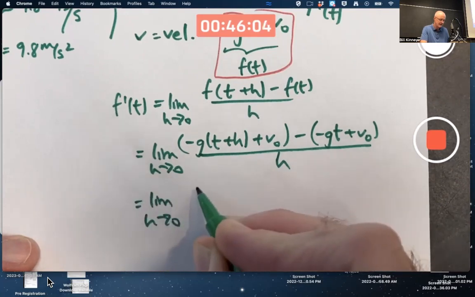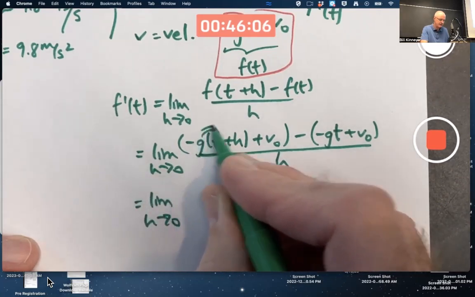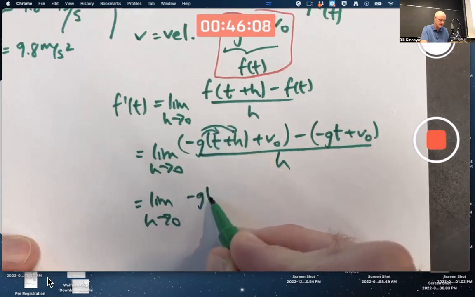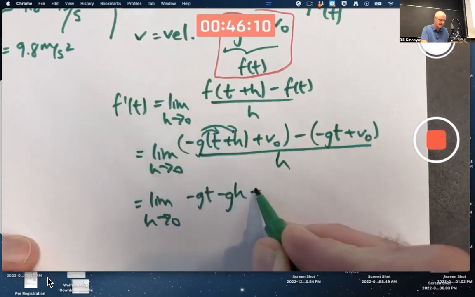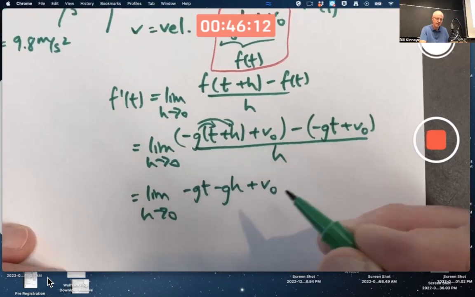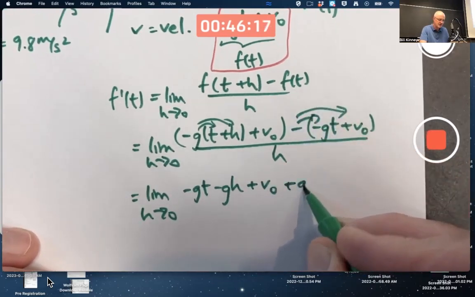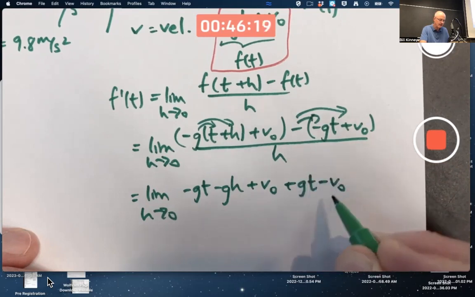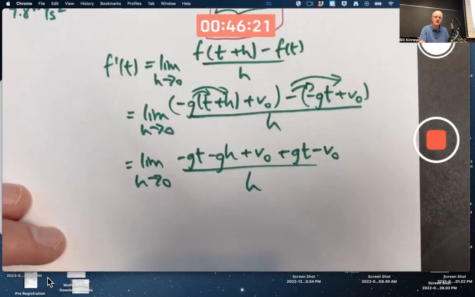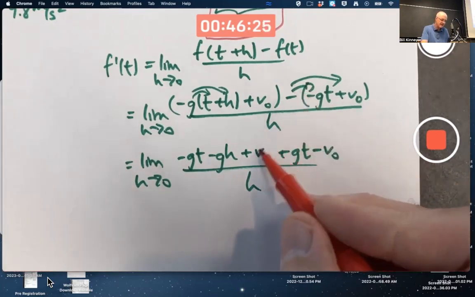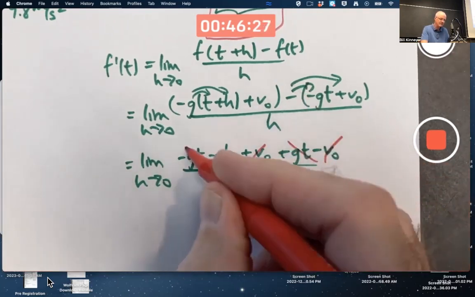Simplify. Expand this with the distributive property. Negative gt minus gh plus v sub 0. Distribute the minus sign through here. I get a plus gt minus v sub 0, all divided by h. I get some cancellation. The v0s cancel and the gt's cancel.